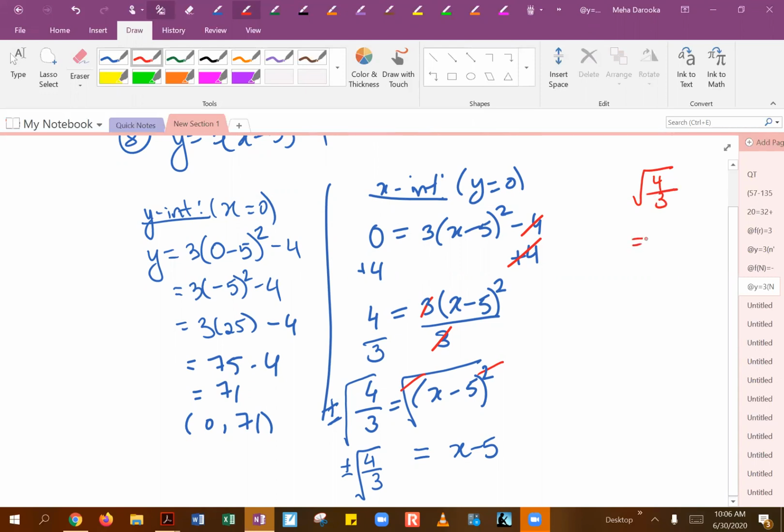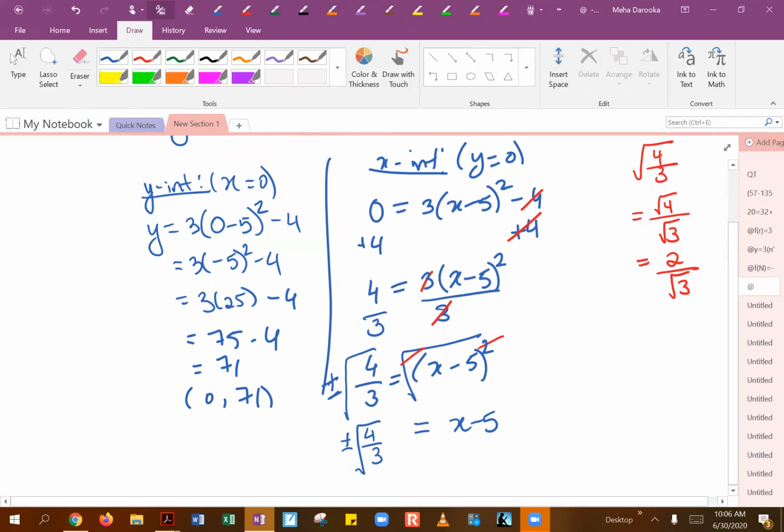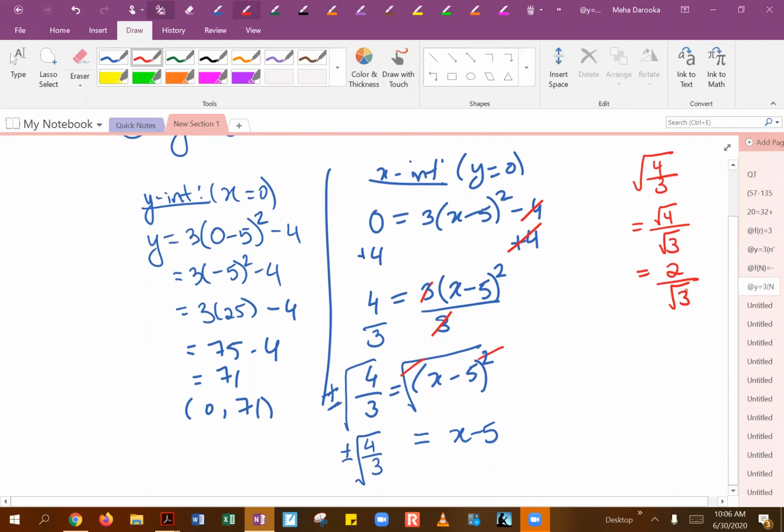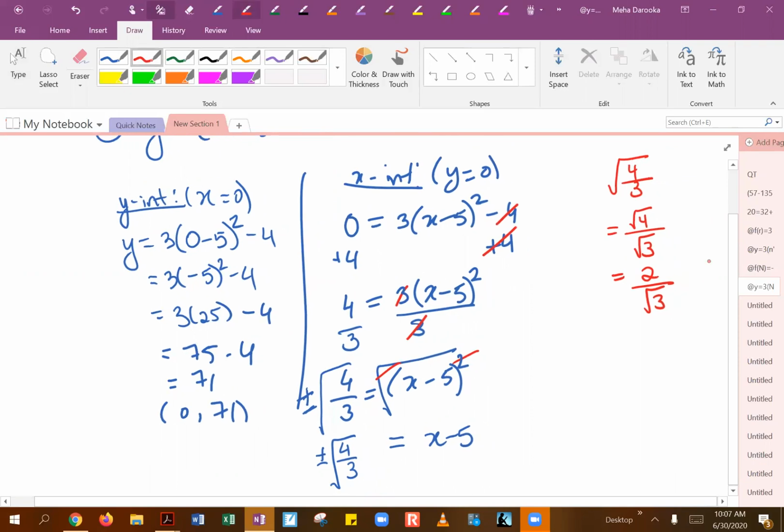We can break that down into square root of 4 divided by square root of 3. Square root of 4 would of course clean up into 2, but square root of 3 would have to stay the same. And this is kind of what I'm talking about. We cannot leave a square root of 3 on the denominator. So this process is what we call rationalizing the denominator. I'm sure some of you have seen that in your previous classes.